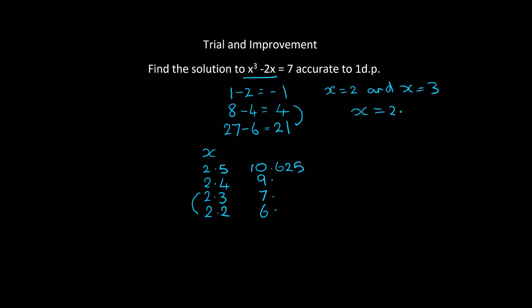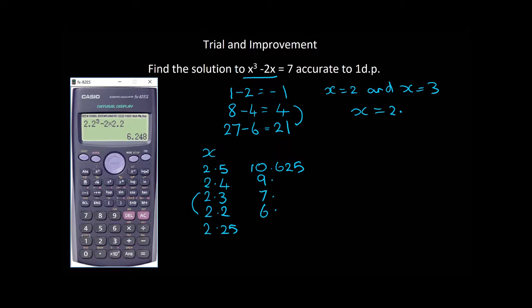But in order to determine which one it is, we're going to go halfway between both of those. So we want 2.25 as our last attempt. So again, let's go back here. So I'll add a 5 there.